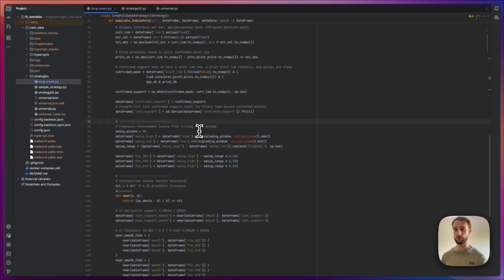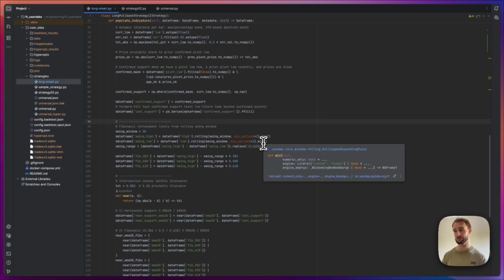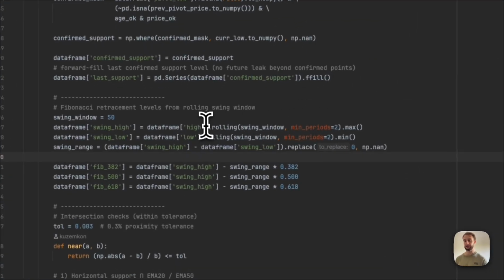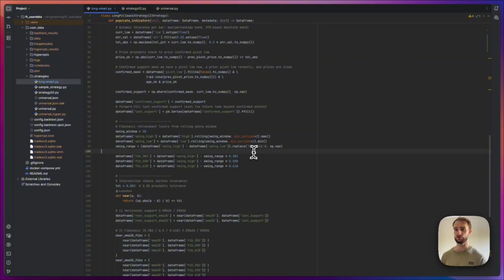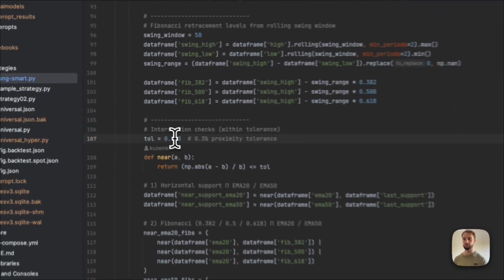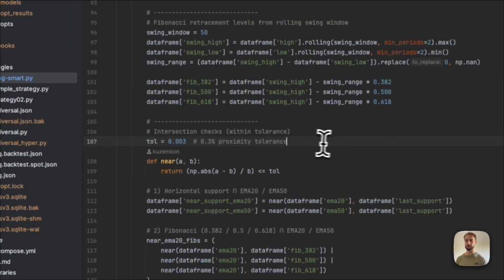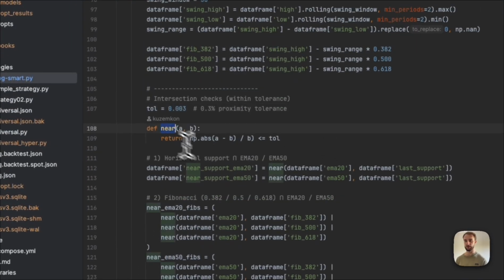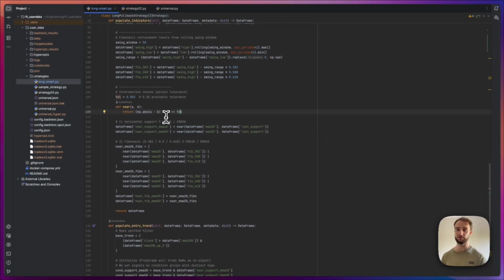With Fibonacci, we're retrieving 3 lines that are more likely to be support if you don't have a clear support. Still, we search for the intersection between the line and the EMA 20 or 50 with the same 0.3% proximity, and this near function helps us understand if the price is near either of these lines.